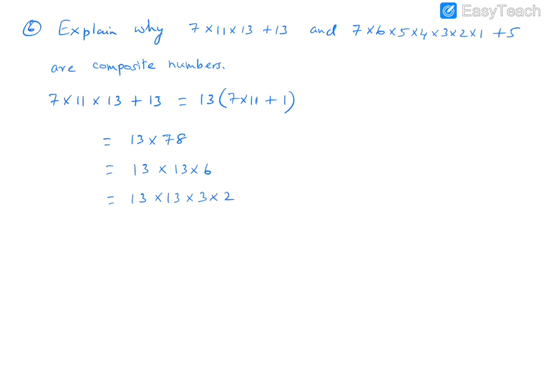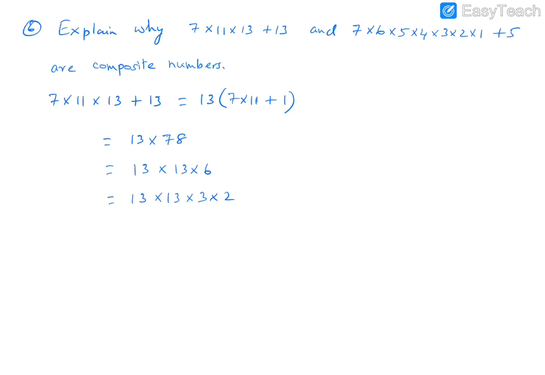So the number we were given initially can be represented as a product of prime factors, which is 13 into 3 into 2.